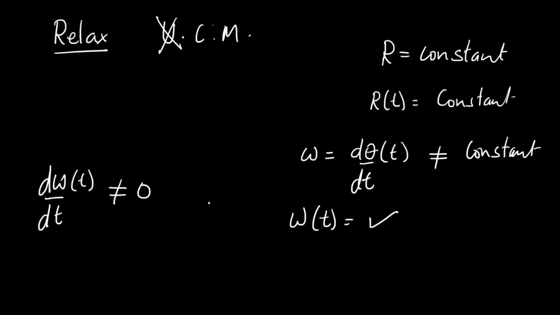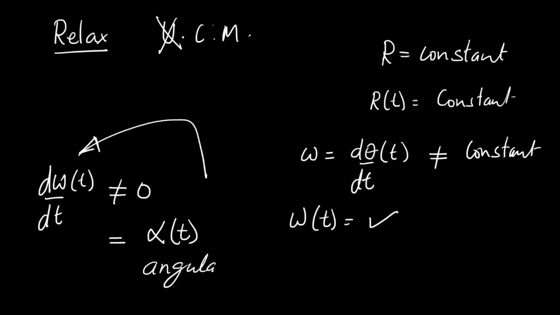I mean, it can be 0, but then we of course realize it's a constant. But if it is not a constant, we call this alpha, which is a function of time, which can be constant or need not be constant. Either way, there's a new thing here called d omega by dt, which is called angular acceleration.